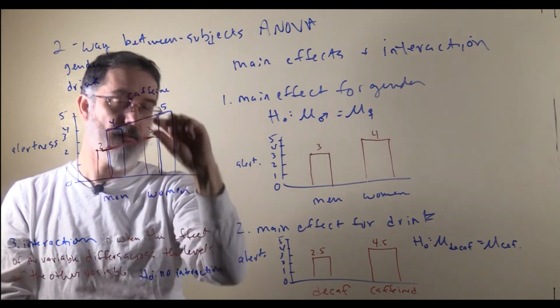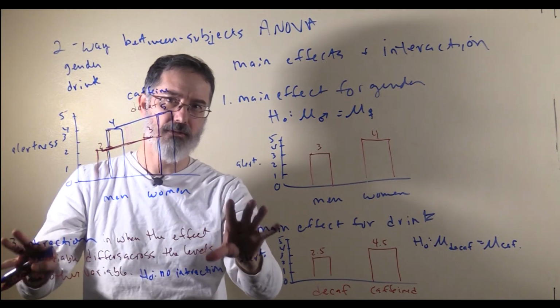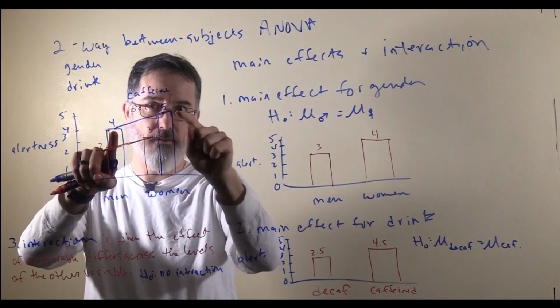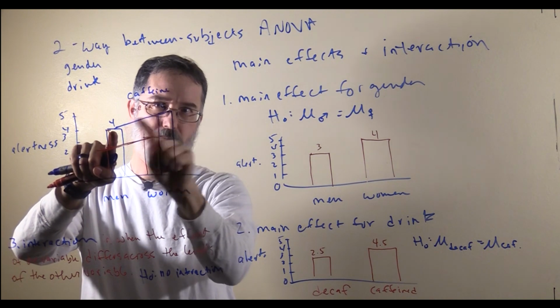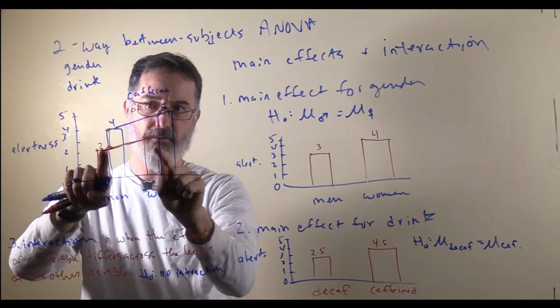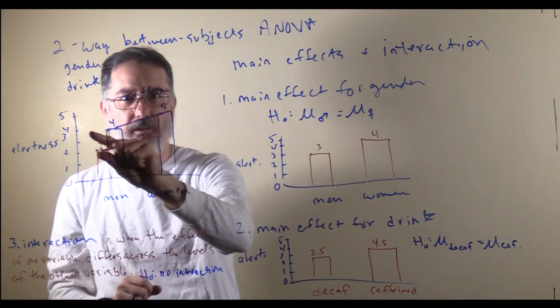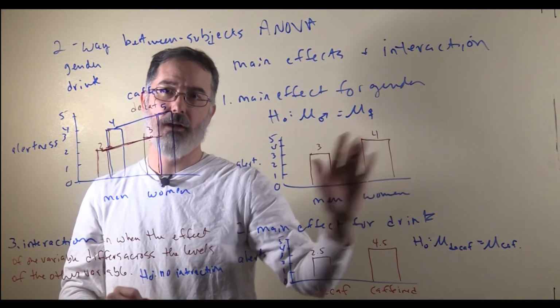Like I said, all these approaches are mathematically interchangeable. So this says that for the caffeinated folks there's one difference between men and women, and for the decaffeinated folks there's one difference. So the differences were the same. So if the lines are parallel, no interaction.